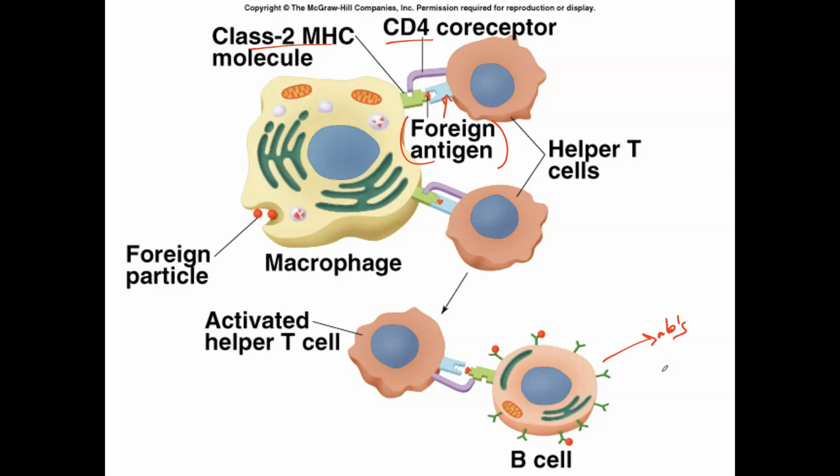T helper cells can also release something called interferon. Interferon is a chemical signal that can activate macrophages, and that can actually prepare other body cells as well for viral invasion.